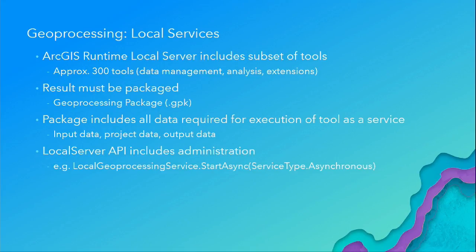One thing to note is the Runtime Local Server API includes essentially a mini administration API as well. You're responsible as the developer for starting and stopping these local services and controlling their life cycle within the application.